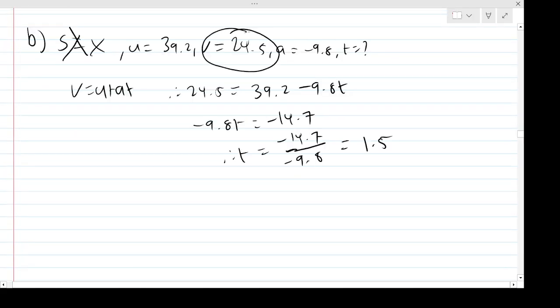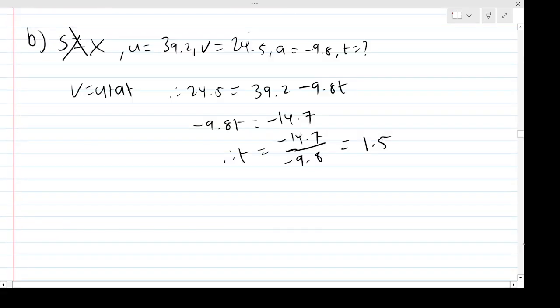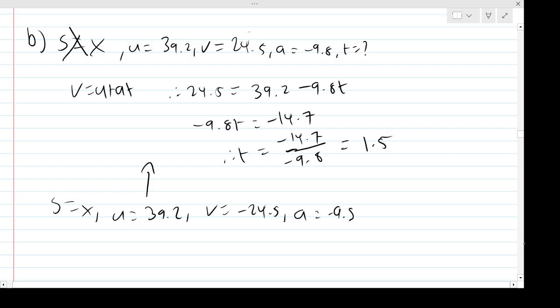Originally we said it's positive 24.5. If it's going downwards at this time, it has to be negative 24.5. Nothing else has changed other than the final velocity. A again is minus 9.8, and T is still what we want to work out.